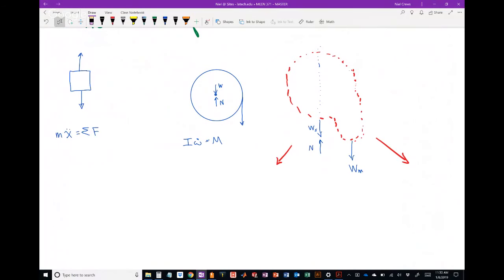You could say the effective mass times this x double dot is the sum of all these forces.